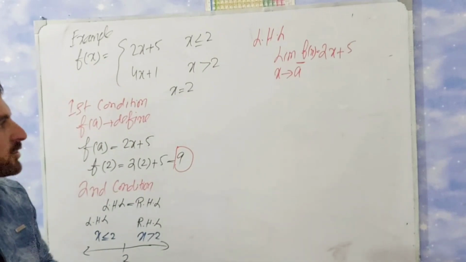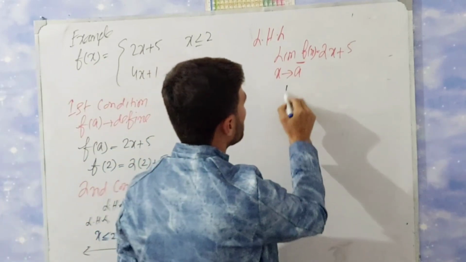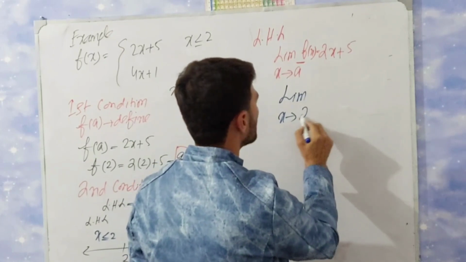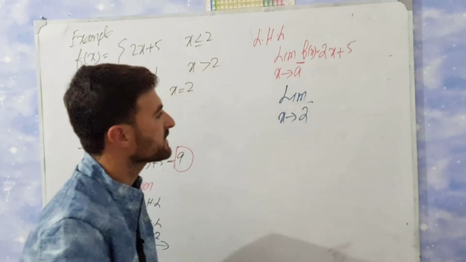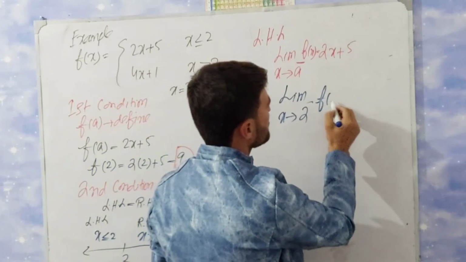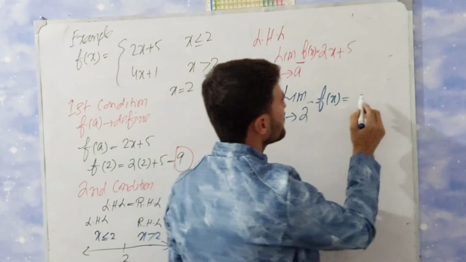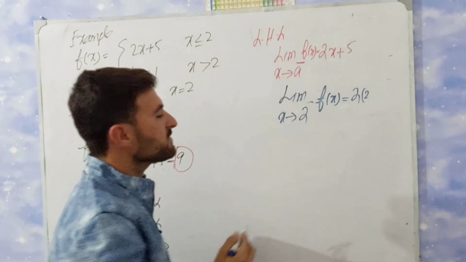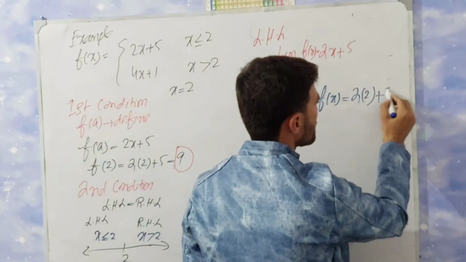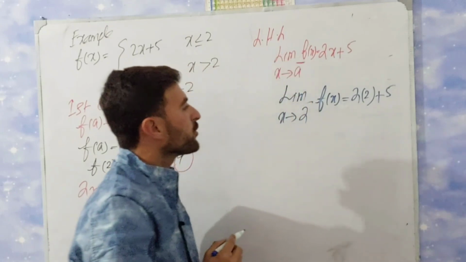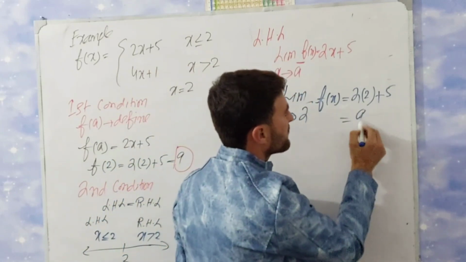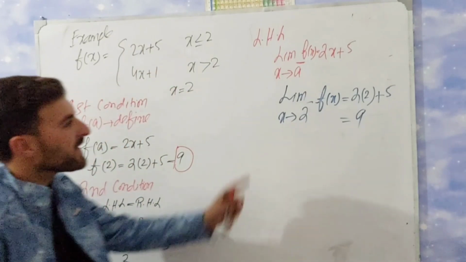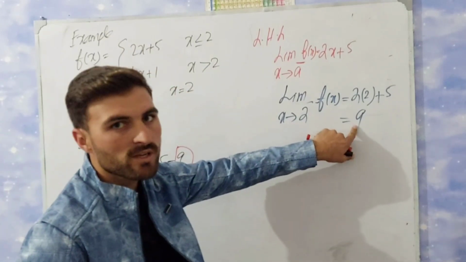So now let's put the value: limit x tends to 2 from the left hand side of f of x, put the value 2 for x, and we get 9. So the left hand limit is equal to 9.